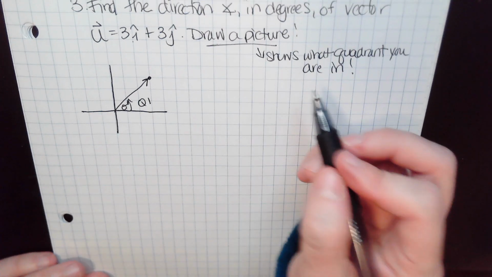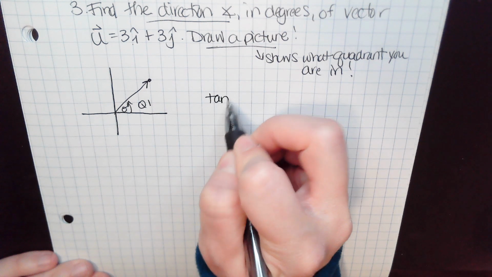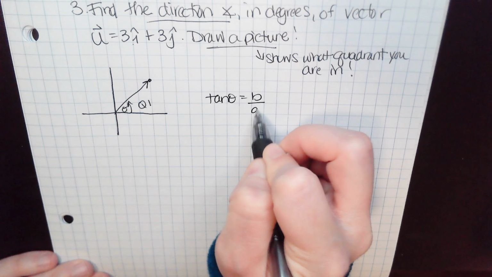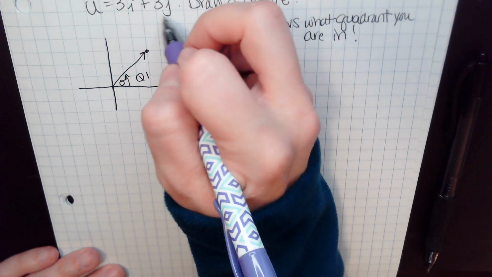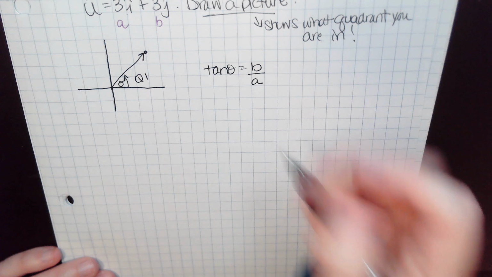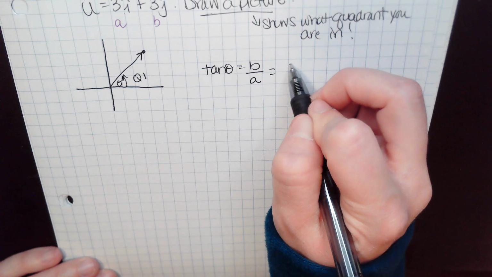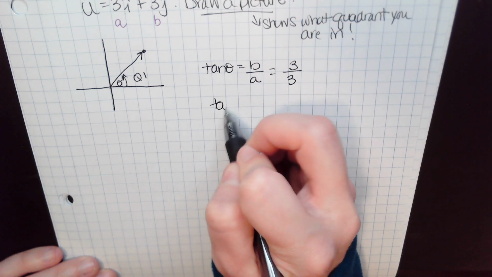And we want to find the direction angle. So anytime it asks you to find the direction angle, your formula is going to be tan theta equals b over a. So the b comes from here, and the a comes from here. So we just take our b, which is 3, and our a, which is 3. And now we're going to do inverse tan of 1.